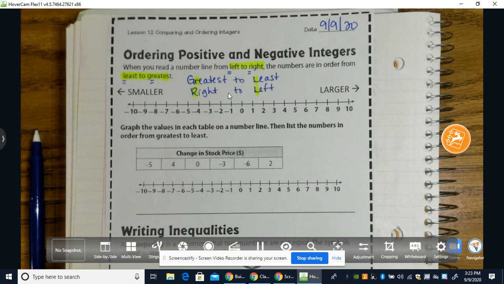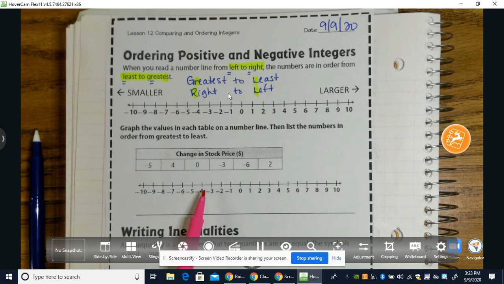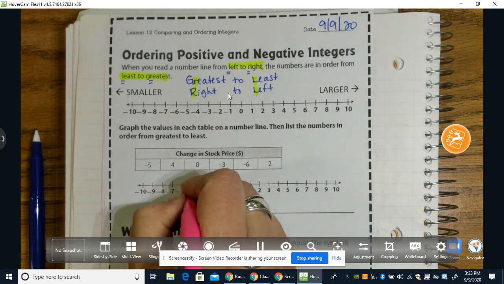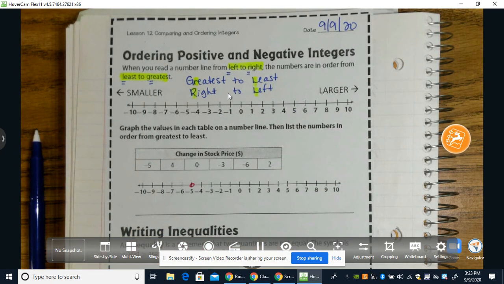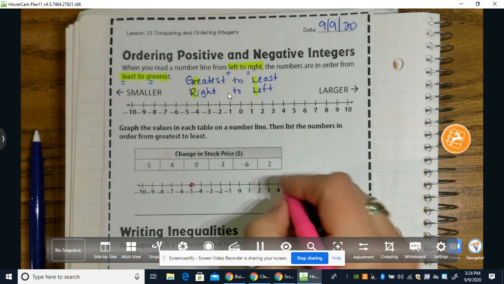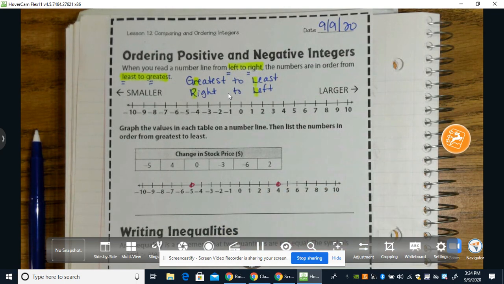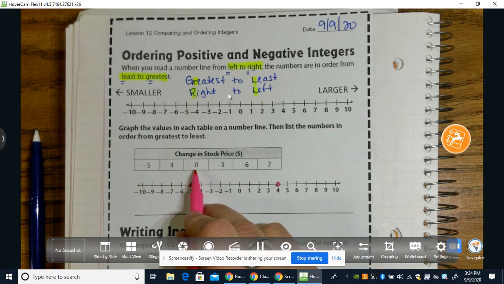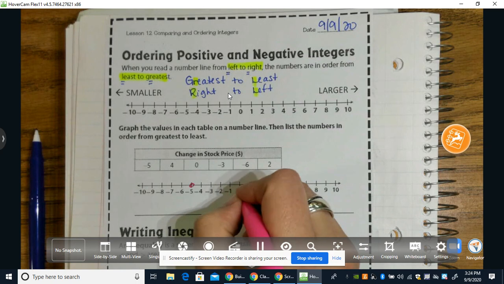So we start off with -5. -5 is located to the left of 0 between -4 and -6. And I'm just going to put a dot on my number line where it's located. +4. It's going to be to the right of 0, and it's going to be between 3 and 5. I'm going to put my dot there. We have 0, and 0 is located in the middle.